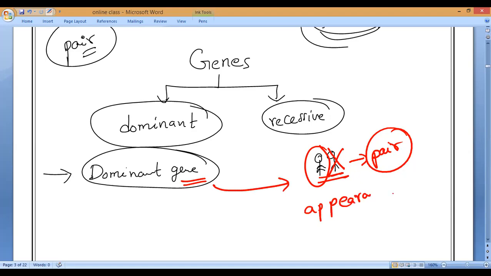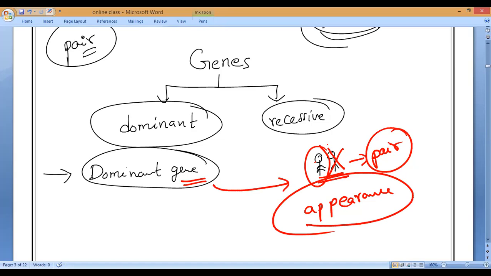For example, I will make pairs, each two members as one group, and ask you to perform some activity. Now, one person will dominate the other without his suggestions, without his knowledge. Everything will be decided by only one person: how they appear, how they look, what kind of dress they wear.